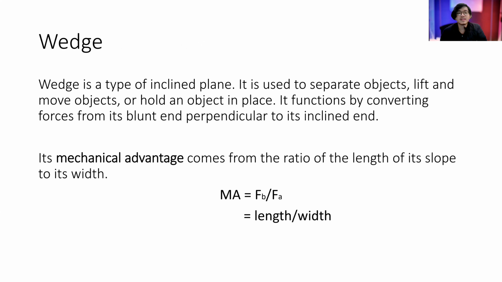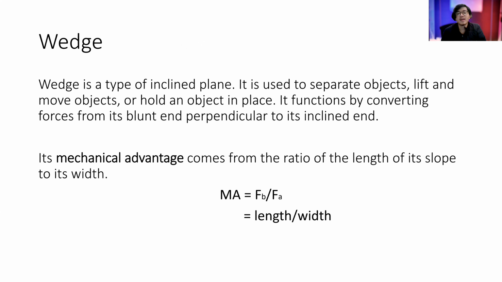A wedge is a type of inclined plane. It is used to separate objects, lift and move objects, or hold an object in place. It functions by converting forces from its blunt end perpendicular to its inclined end. Its mechanical advantage comes from the ratio of the length of its slope to its width.